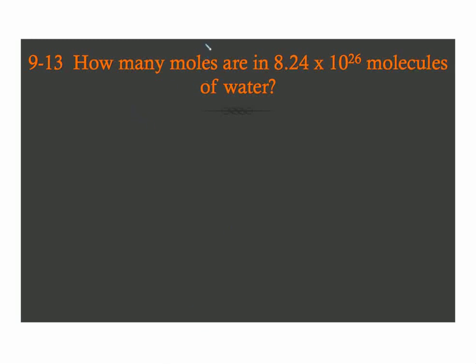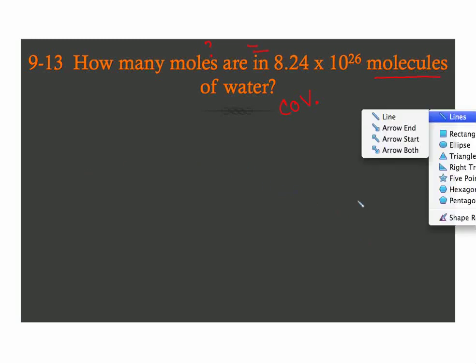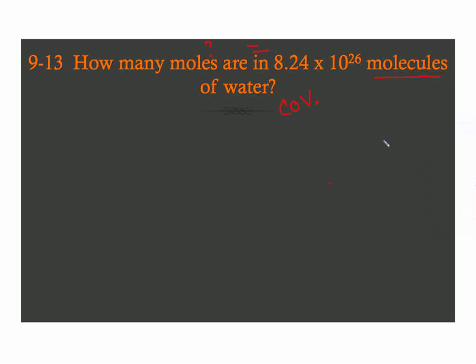All right, again, so we've got question mark moles are equivalent to. And this time we're talking about molecules. And the only reason we use the word molecule is because it's covalent. Water's covalent. So if you look back at your math, we've got a 1 step. Moles to a count.